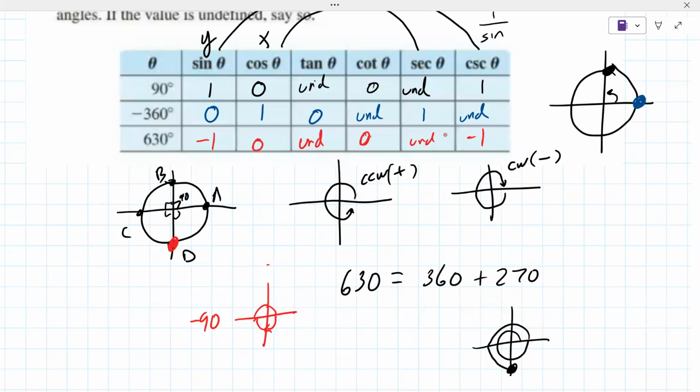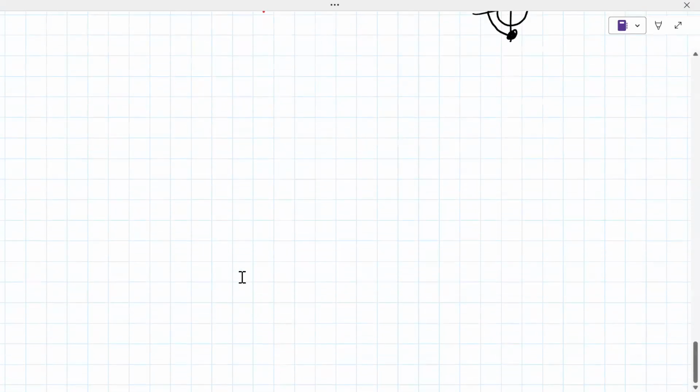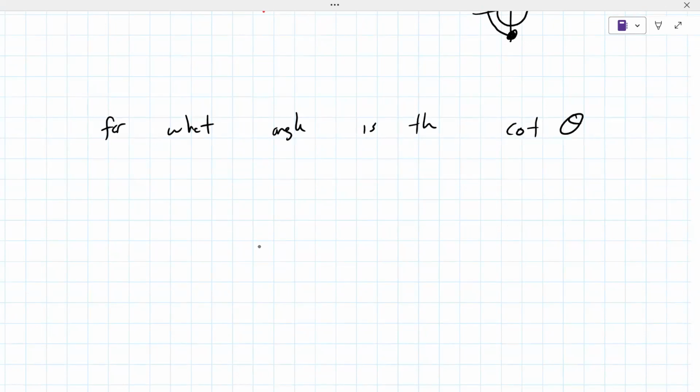So the harder question to ask is something like, for what angle is the cotangent of theta undefined? You'd have to pick a positive and a negative angle. So this is considered the backwards question. The easier one is what we were just doing: I give you an angle, you find all the values. Here you have to work backwards.